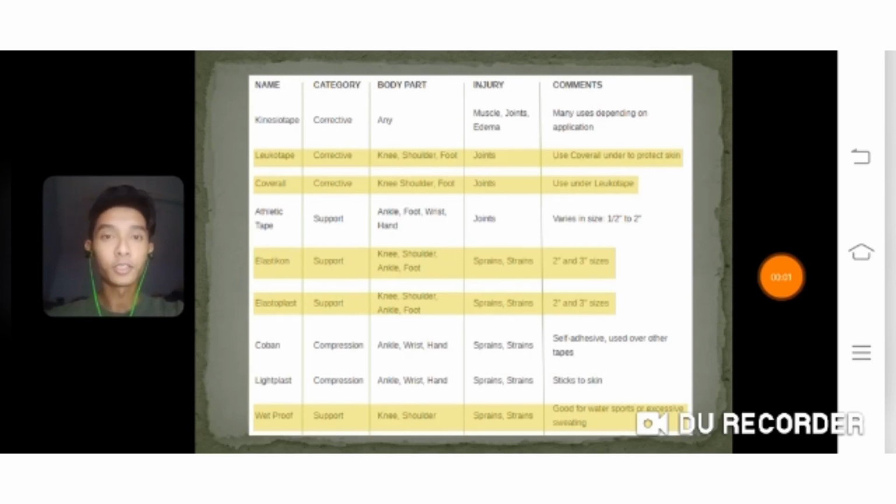Okay, in this picture, as you can see, there are many kinds of tape. It has two categories: the corrective and the support. The corrective tape is known as the major tape, used to cover the major spot of the injury. Meanwhile, the support tape is used to support around the major tape.